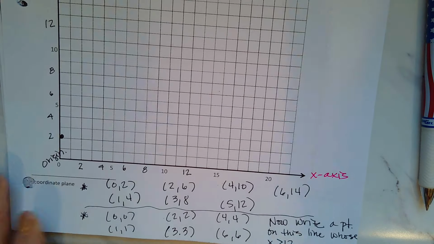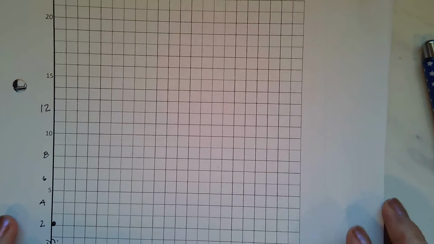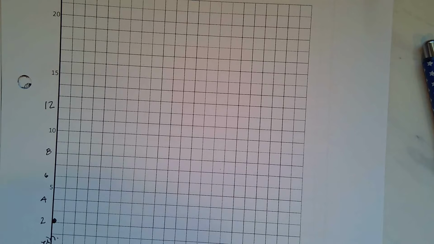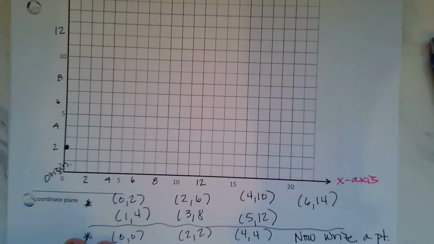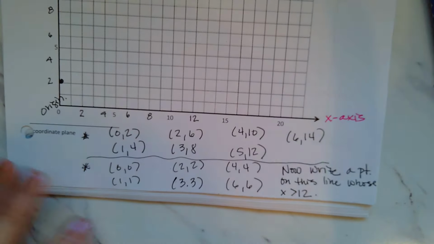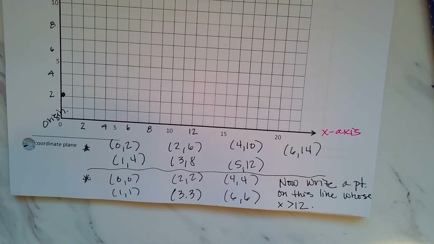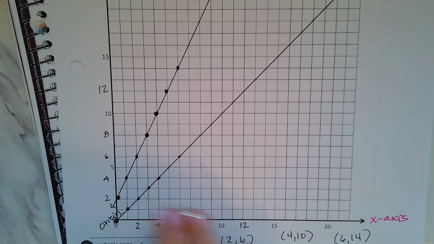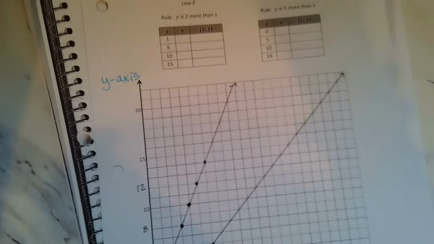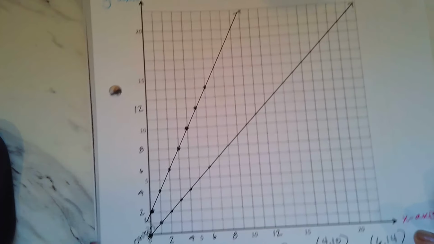All right, your first task is I want you to copy down these coordinates, and I want you to label these points. Go ahead and do that and connect them with a line. All right. Does your chart look like my chart? I plotted my points.